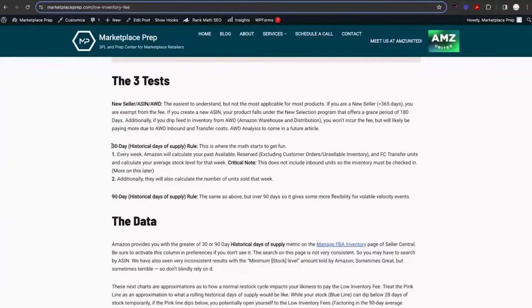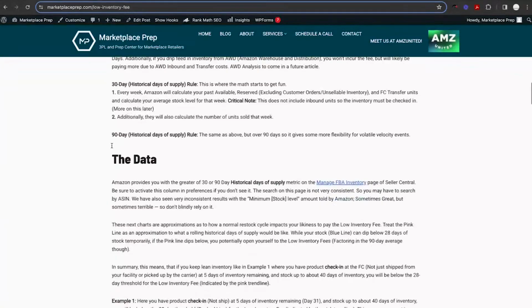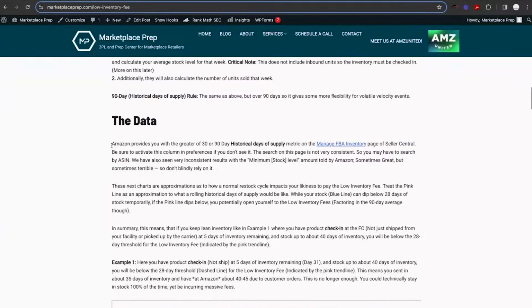So the data, Amazon provides you with only one piece of data, which is so helpful when there are multiple pieces of data. Not. They will only provide you the greater of 30 or 90-day historical days of supply on the Manage FBA inventory page.